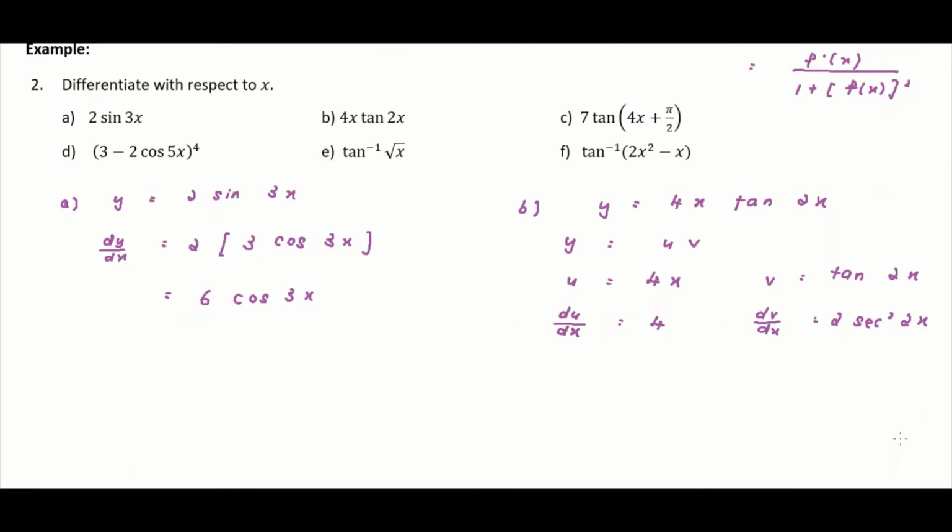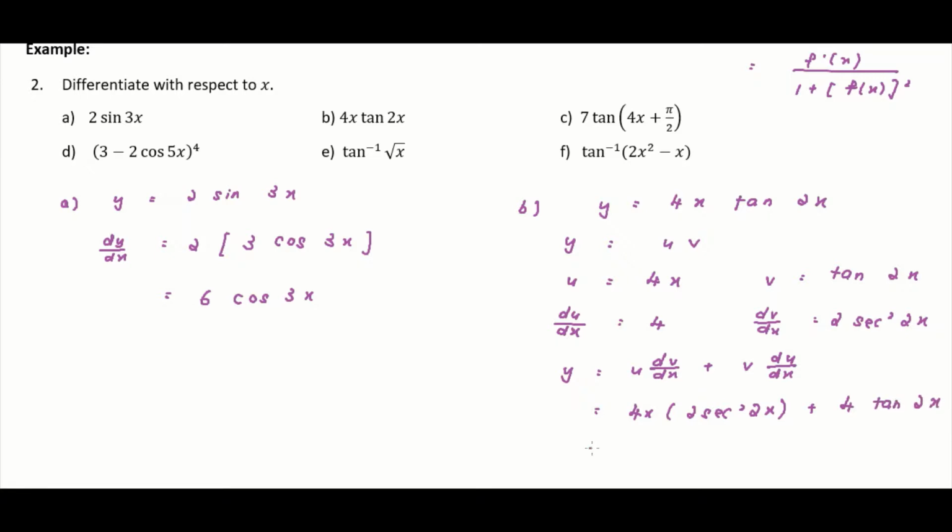Alright, so now let us combine them in the formula. So y equal to, sorry, let me try to follow your book. Yeah, u dv/dx, then after that plus v du/dx. Okay, so 4x multiply with 2 secant square 2x plus, maybe we write 4 first, tangent 2x.